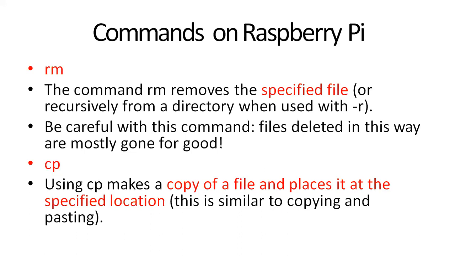To remove recursively from a directory, when there is a path, you use -r. Be careful with this command, the files deleted in this way are mostly gone for good. That is the rm command, a very, very important command.